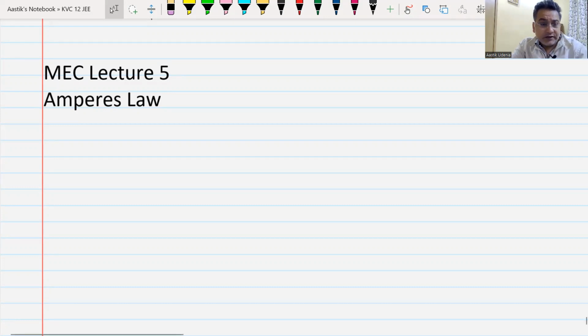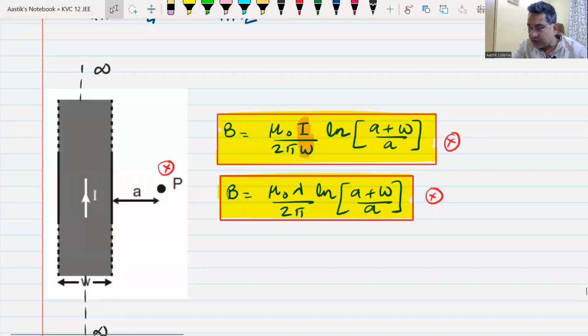Before going on, in the last class we had seen a few standard results. I had given those standard results so that you can keep them in your mind. The first one was a semi-infinite sheet at any point P, which is on one side of the sheet.